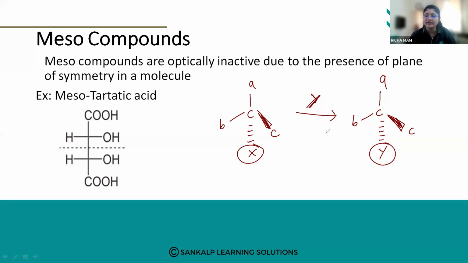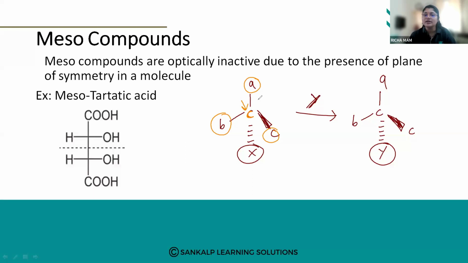So what does relative arrangement mean? Whatever relative arrangement is there across the bonds at the asymmetric carbon. What do you mean by asymmetric carbon? The center carbon which has four different groups.